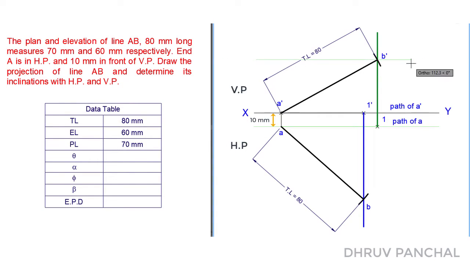With the help of a ruler scale, draw the path of B' and the path of B parallel to line XY from point B' and point B respectively.